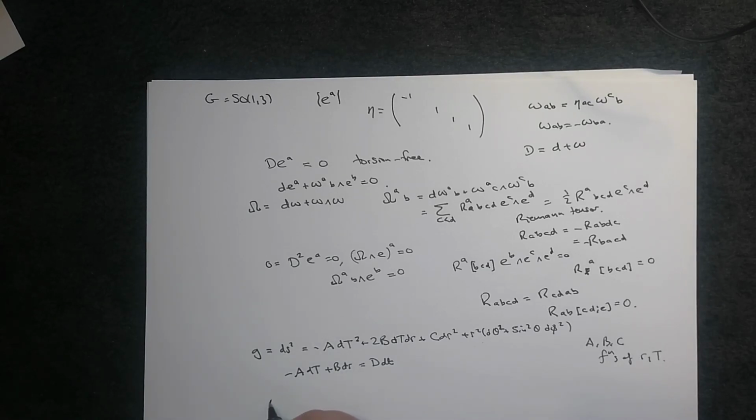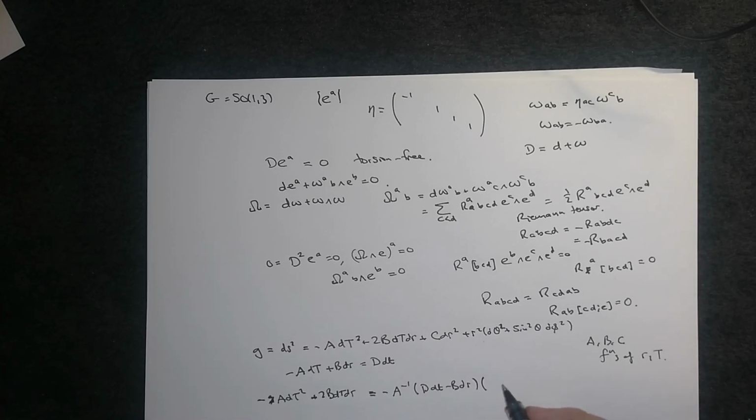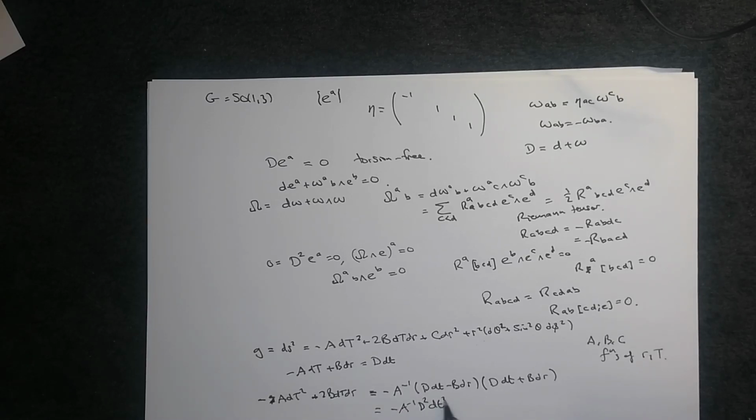In which case, minus a dt squared plus 2b dt dr, that's dt times dt plus 2 dr, so that's dt plus b dr, and that's equal to minus a to the minus 1 d squared dt squared plus a to the minus 1 b squared dr squared.